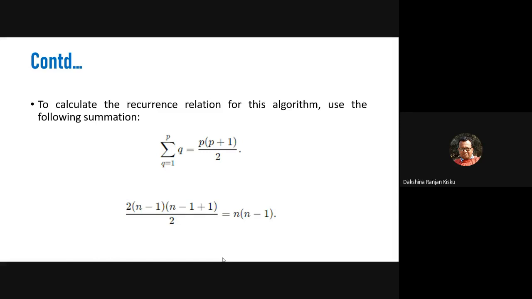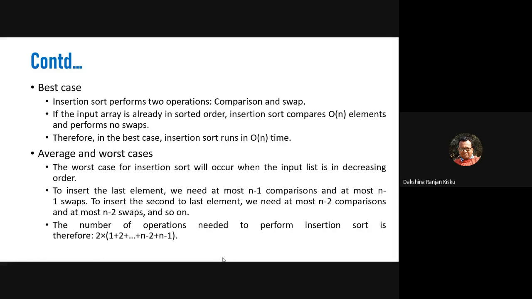Therefore, the time complexity in the worst case becomes order of n square, that means quadratic time complexity. In the best case, we have linear time complexity, that is order of n. But in the average case and worst case, we will have order of n square, or quadratic time complexity.